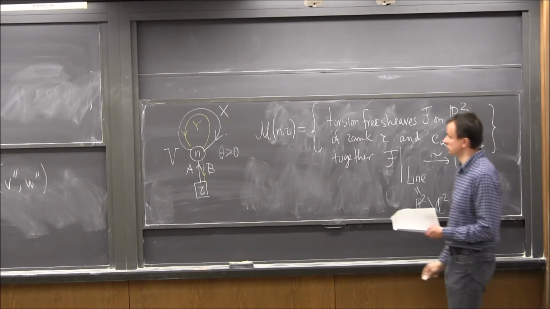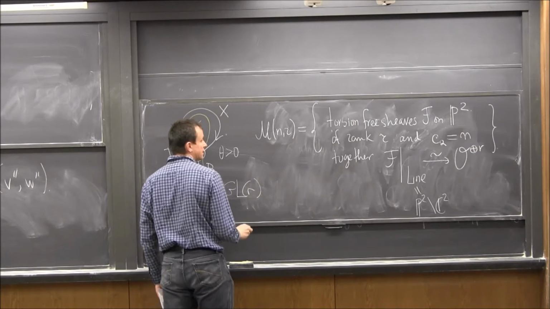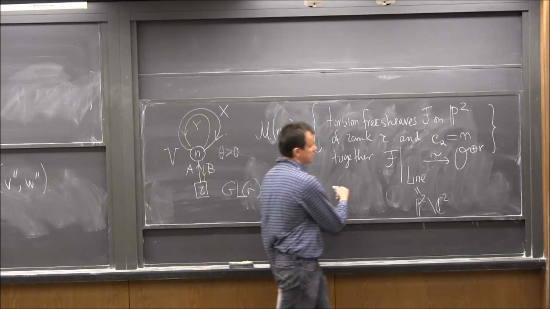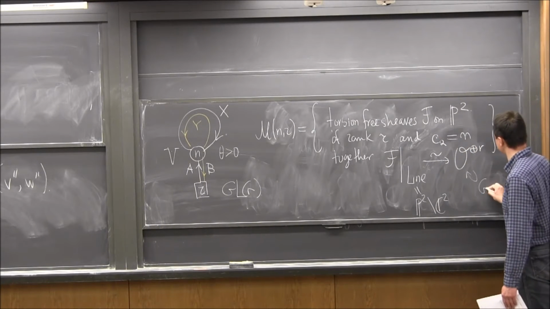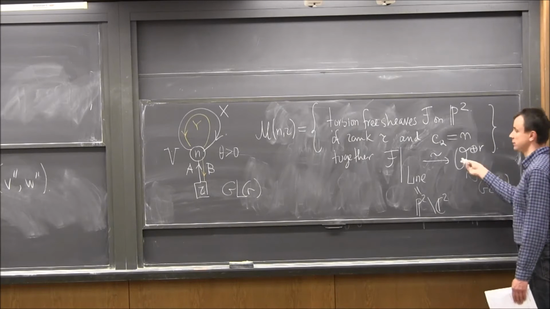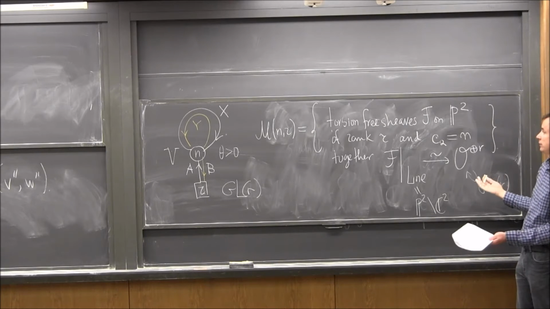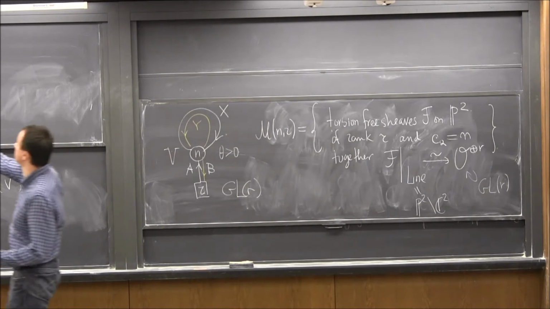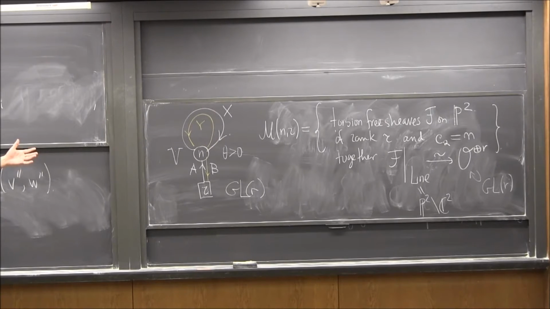And my GL_W, or GL_R, here acts on this framing space by automorphism of the trivial sheaf. And which are the fixed points? If I choose a matrix of this form, then I'm going to get sheaves which are direct sums of two sheaves of smaller rank.